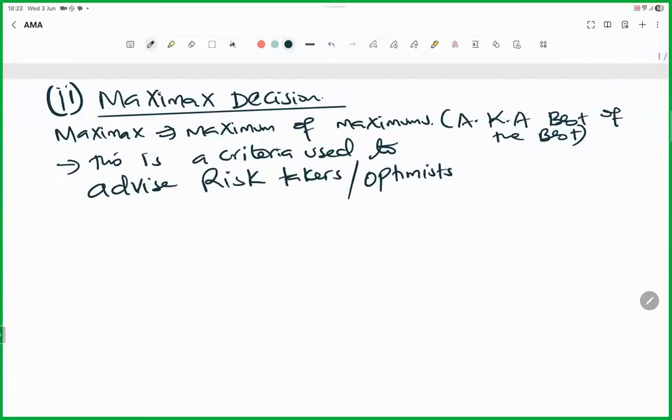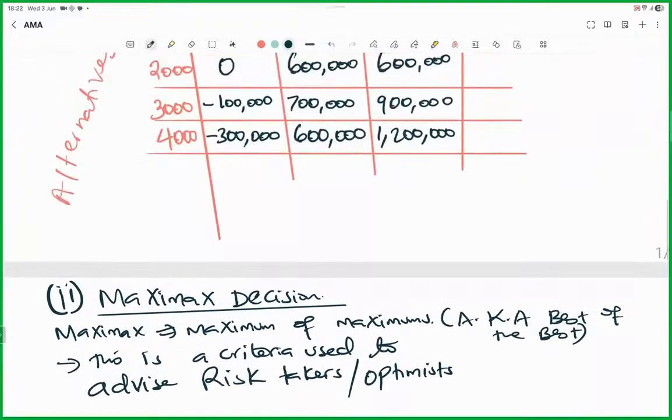Those who always expect the best in life. Tell them that if you do AMA, there are 2 possibilities. It is either you pass or you do what? You fail. Or like now you are an optimist, so it is either you pass or pass, because you must pass, isn't it? These are the people we advise using best of what here somebody.